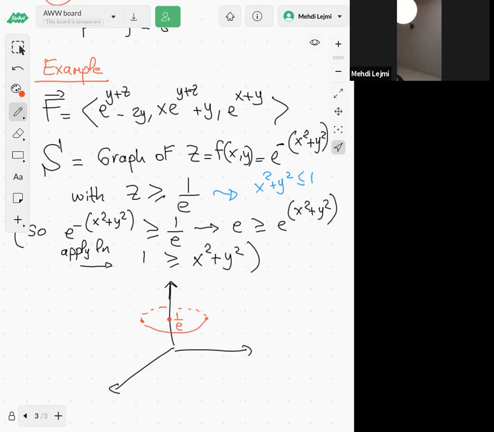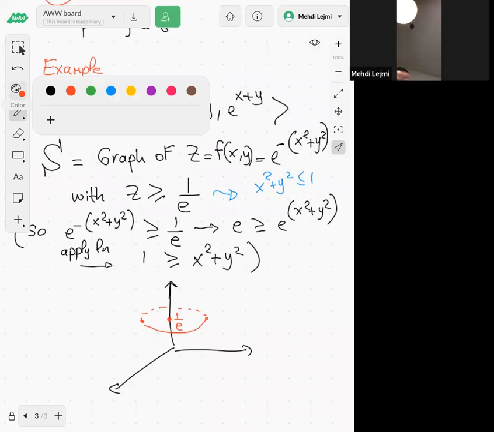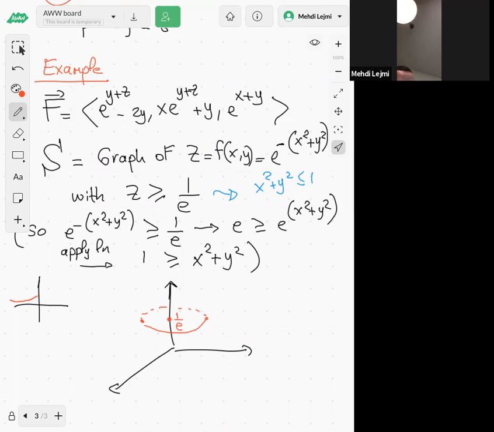And then actually the z, because z is equal to e to the minus x squared plus y squared, the power of e is negative, right? So for e to a negative power, the maximum would be equal to 1. I mean, the graph of the exponential: e to the 0 is equal to 1.